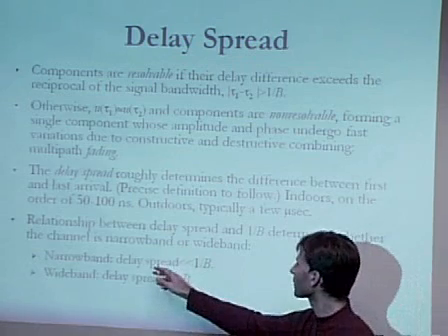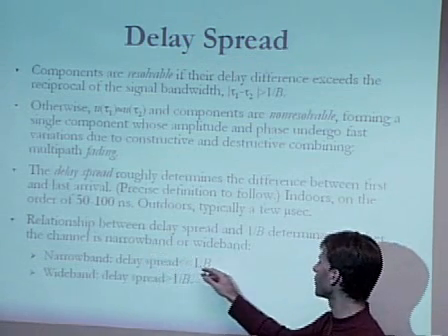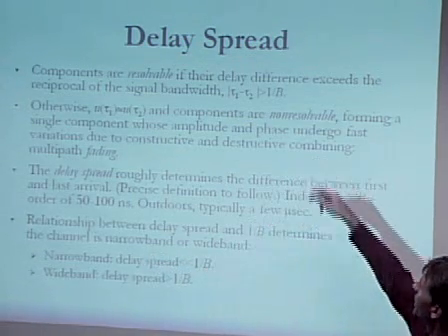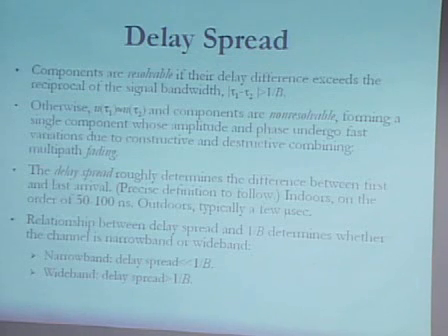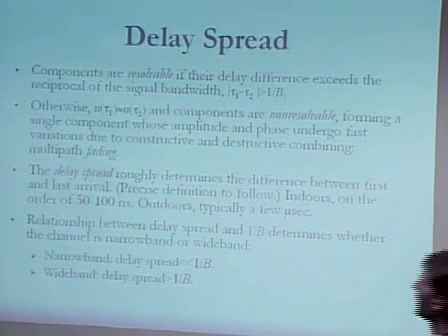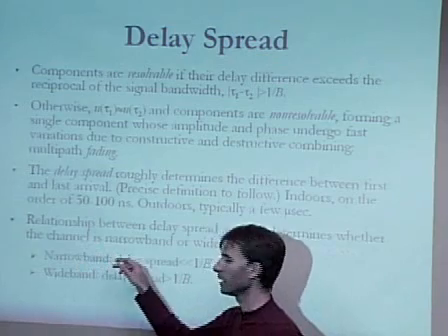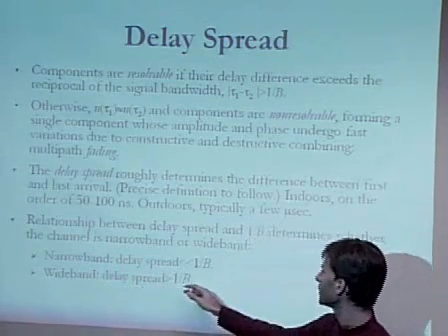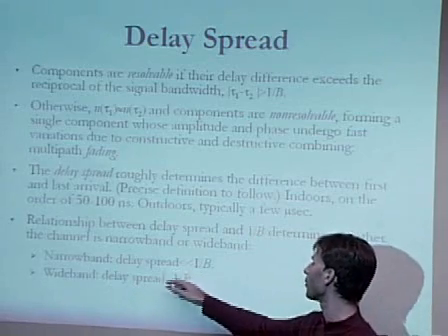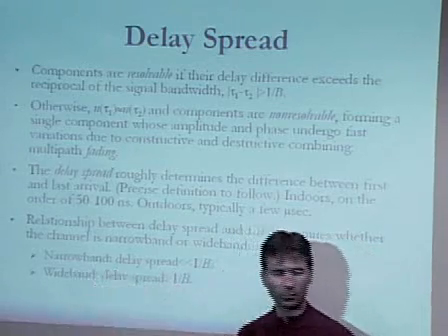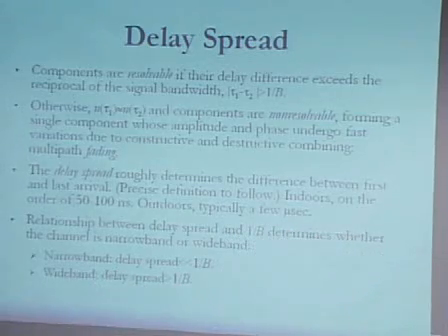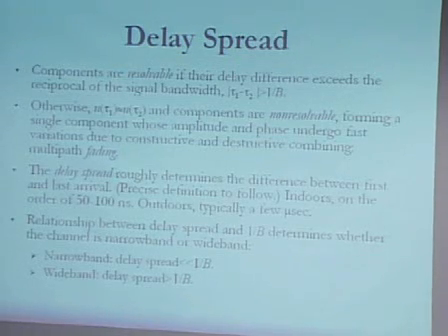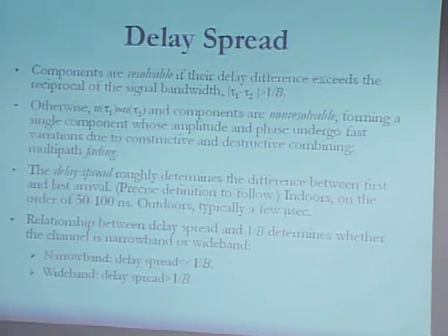So if the delay spread is much smaller than 1 over B, so we have, as we saw, non-resolvable components, then we'll say that the channel is narrowband. Okay? And we'll see why these names are chosen. And if the delay spread is bigger, or at least comparable to 1 over B, we'll say that the channel is wideband. And we'll study these two classes of channels separately now.